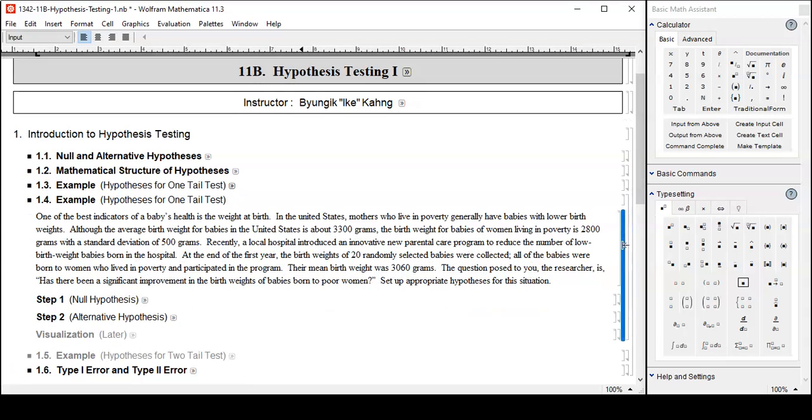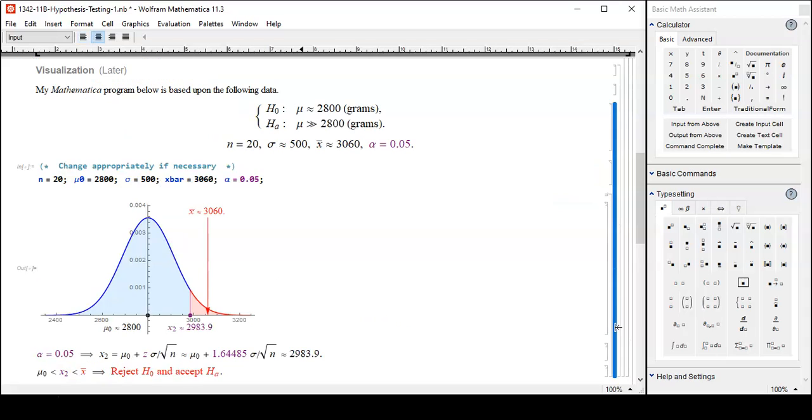And here is a visualization associated to that. So 2,800. And then how big an improvement is considered as large enough? Well, we're looking for the threshold. And the 3,060, if it falls here in the blue region, that means too close to null. So the null hypothesis wins. So we're going to accept the null hypothesis, not enough change.